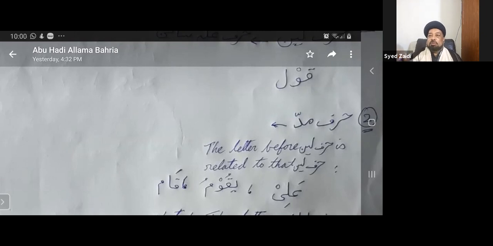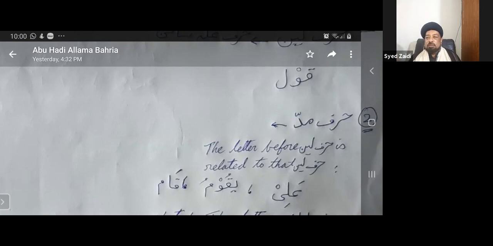In the word Ali, ya is silent, and the previous letter lam carries the sign kasra. Now kasra is friendly with ya, therefore it makes it harf mad. Or the word yaqum.